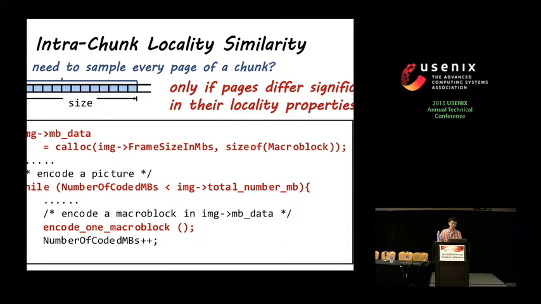At the beginning, a memory chunk is allocated for loading a frame of data, and in the main iteration, the memory chunk is divided into many macroblocks. In each iteration, the macroblocks will be processed by the same set of compressing algorithms. So in this case, we can see the data access locality can be quite similar within a single memory chunk.